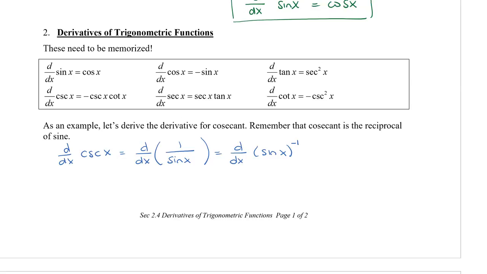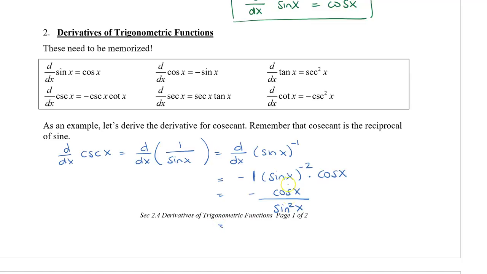Okay, so now we can just use our derivative rules from before. So this equals, we bring the negative 1 down, times sine x to the negative 2, and then we have to use our chain rule, and take the derivative of sine x, which we now know already is cos x. So now we have negative cos x over sine squared x.